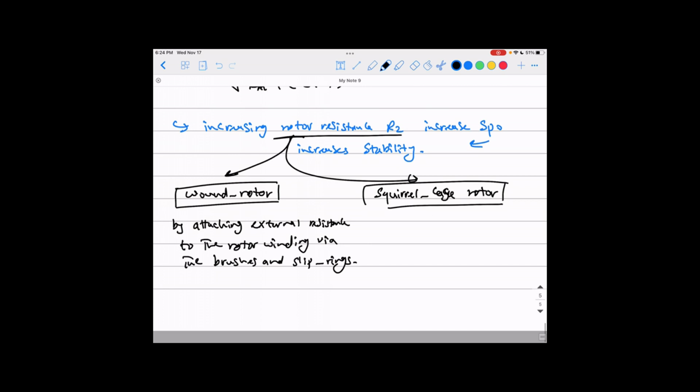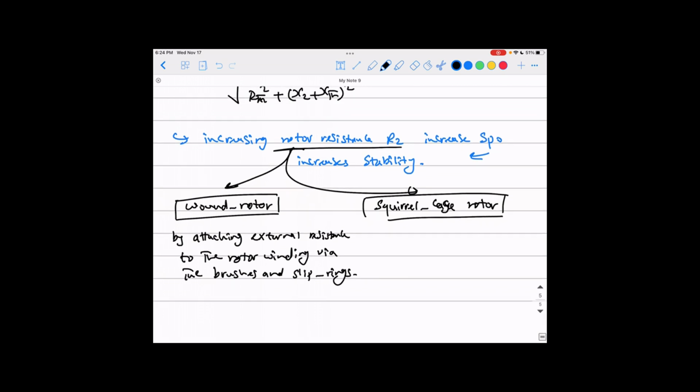But what about squirrel cage? Well, you don't have access to the rotor circuit. Okay, for the squirrel cage, the rotor bars can be designed to have higher resistance from the beginning.